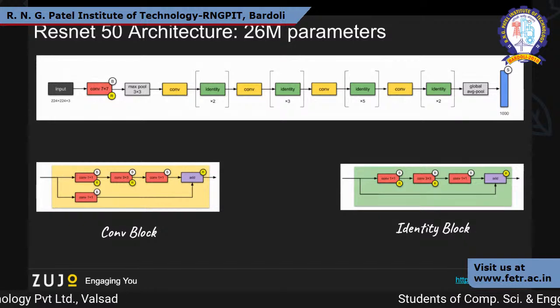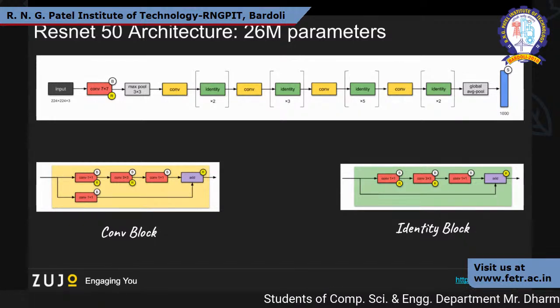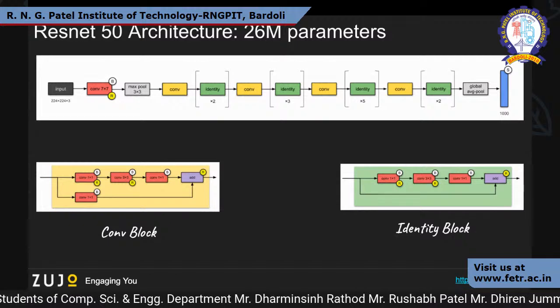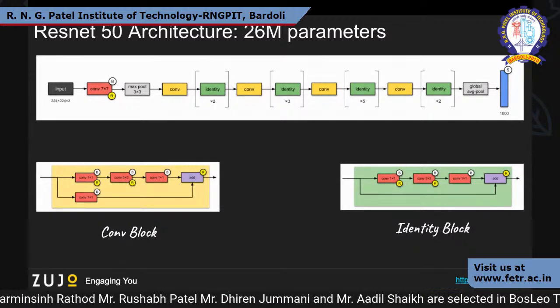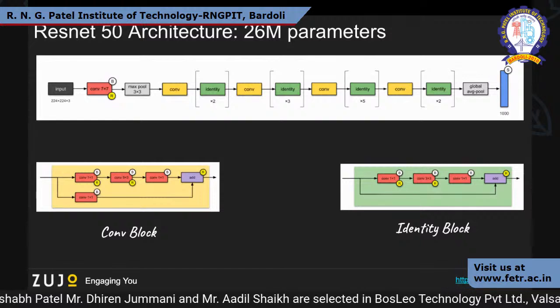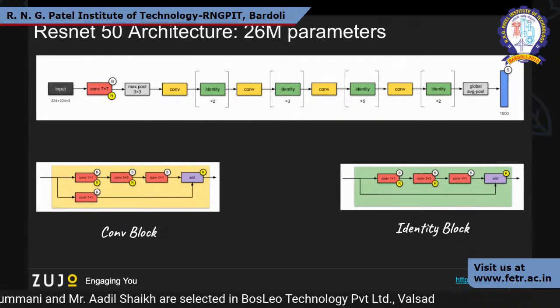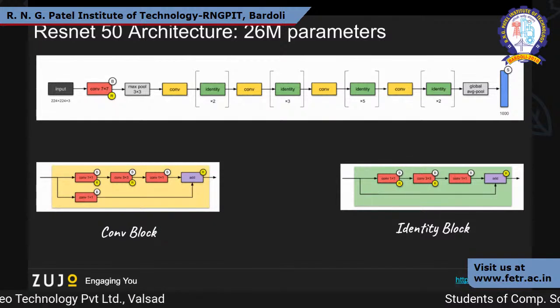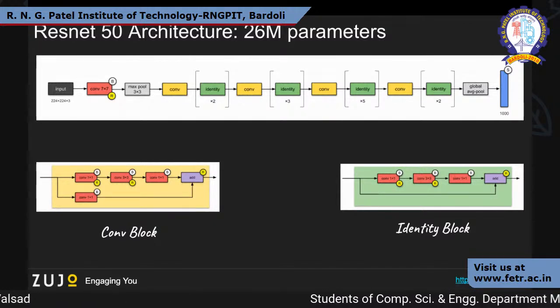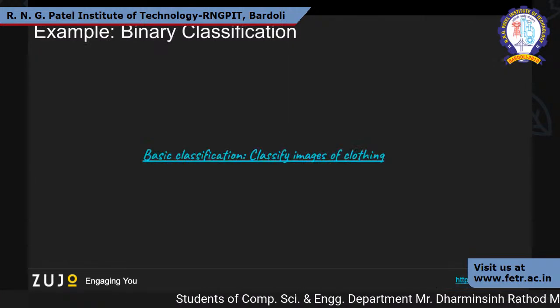So to make sure that information wouldn't be lost, there is a shortcut layer which is directly connected to the last layer, and which provides you consistent information throughout the whole network. And that's why it is a very informative and very successful network to classify images, right? That is how ResNet50 works.